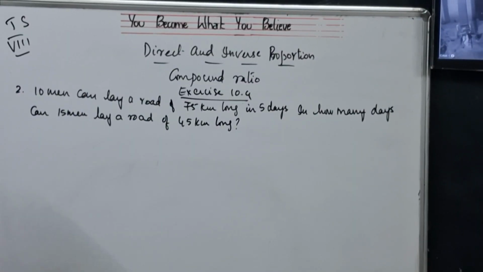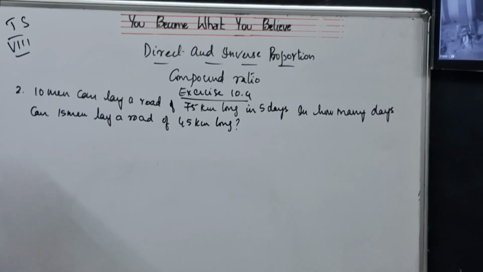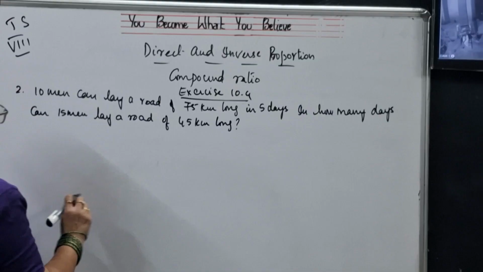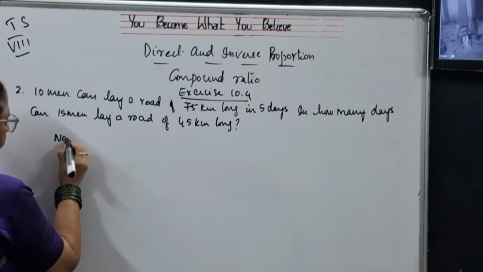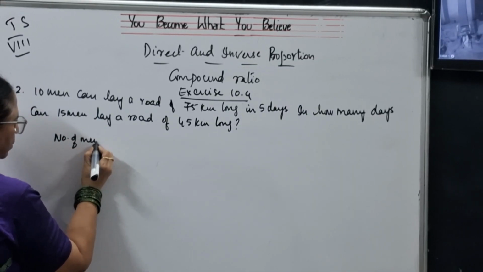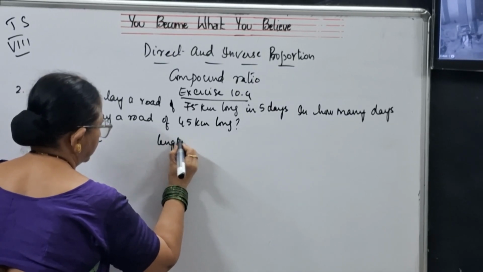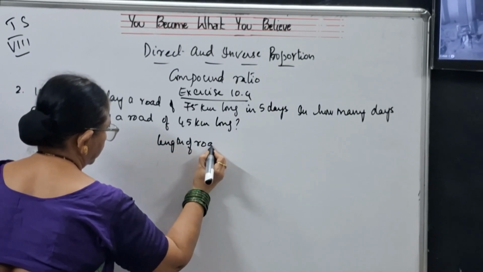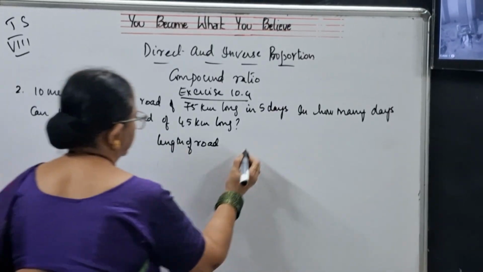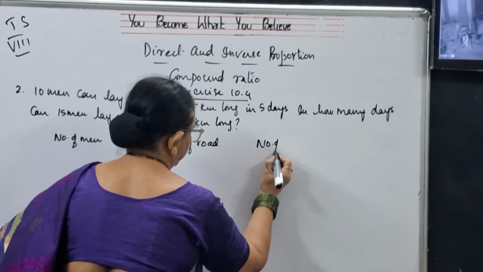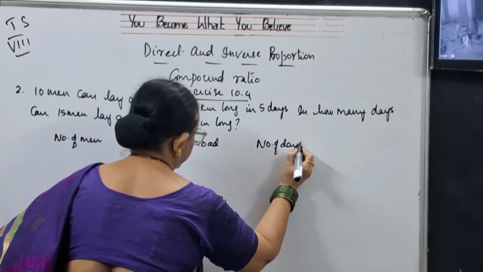Now, second problem. 10 men can lay a road of 75 kilometers long in 5 days. In how many days can 15 men lay a road of 45 kilometers long? So we have got number of men, length of road and number of days.